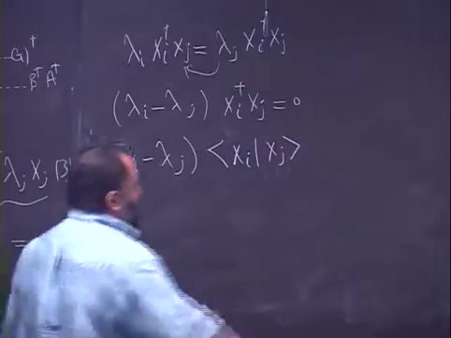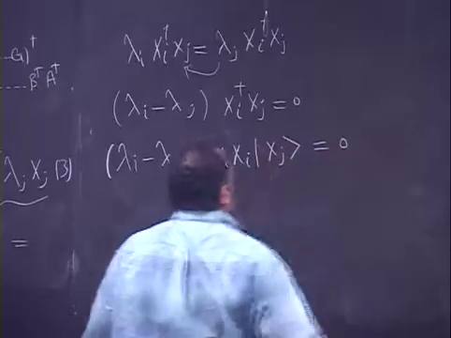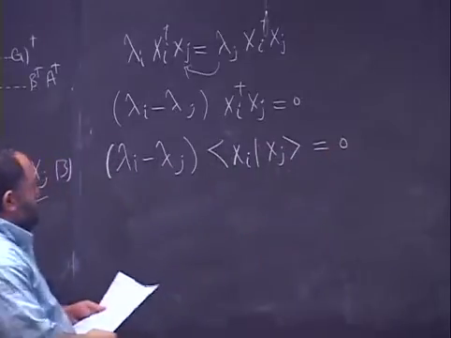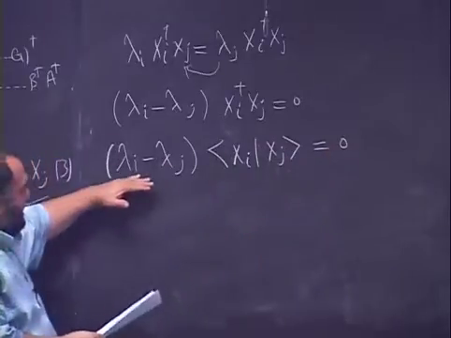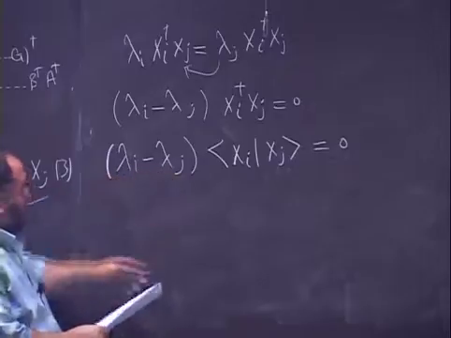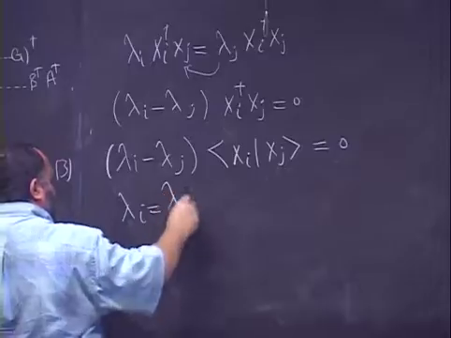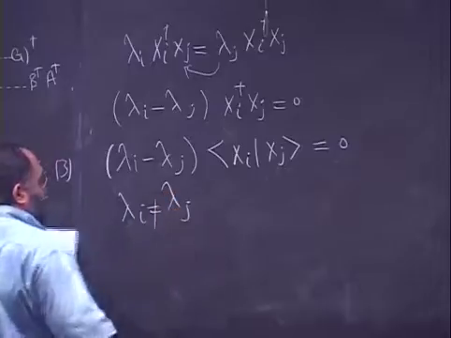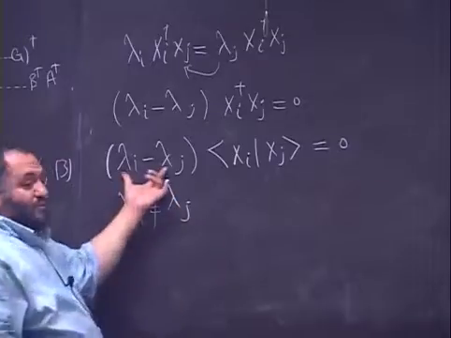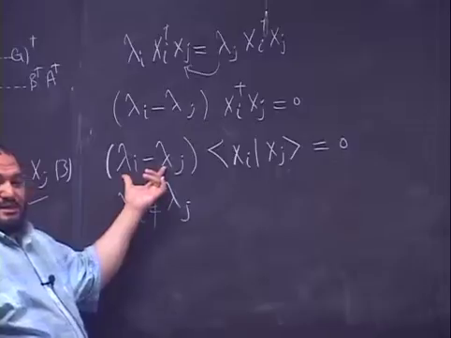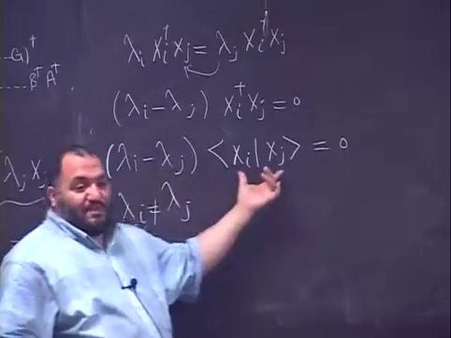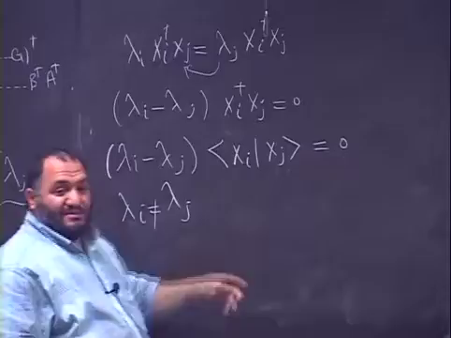So this is equal to what? 0. So if lambda i is not equal to lambda j, what does it mean? If lambda i and lambda j are not equal to each other, this term will be what? Non-zero, multiplied by something equal to 0. So what does it mean?